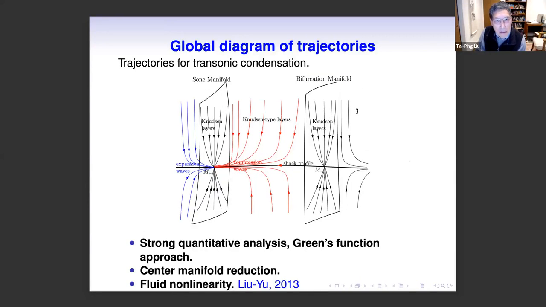This picture indicates that there are very striking bifurcation phenomena. And this has been obtained by the Kyoto School over the 80s and the 90s through extensive numerical computation and asymptotic analysis. And we offer some analytical understanding.